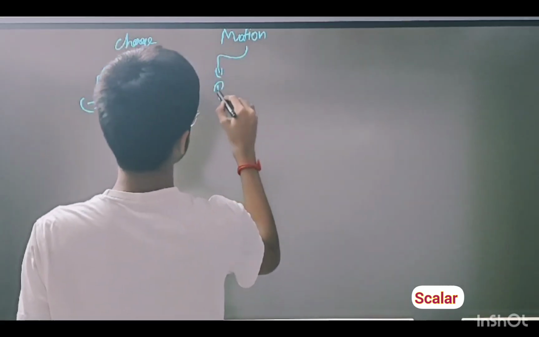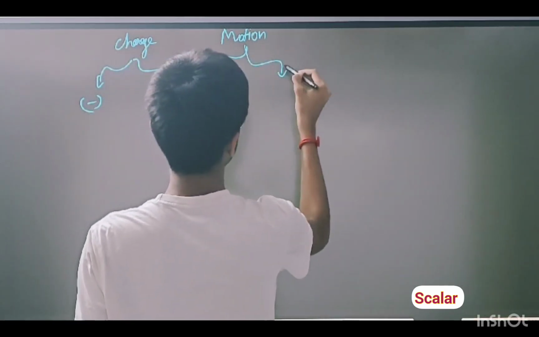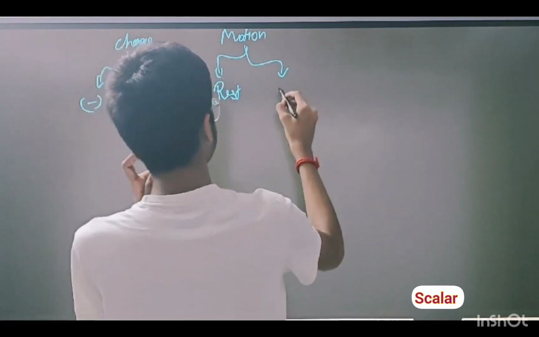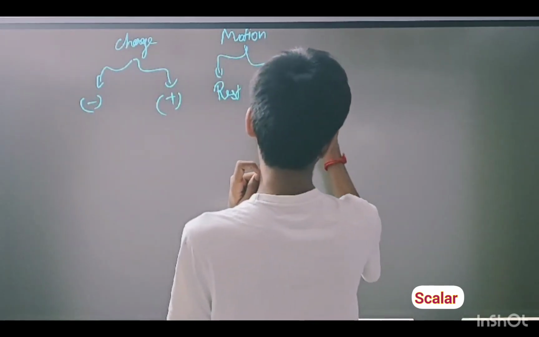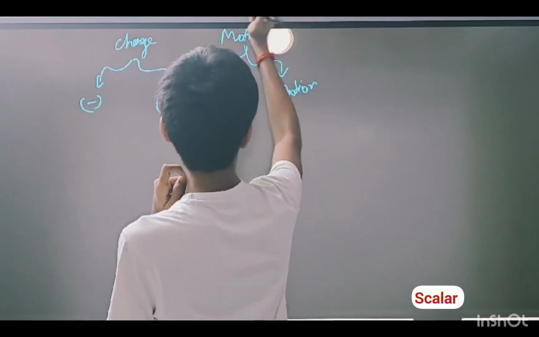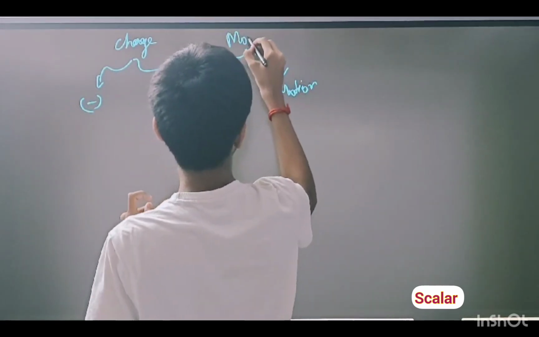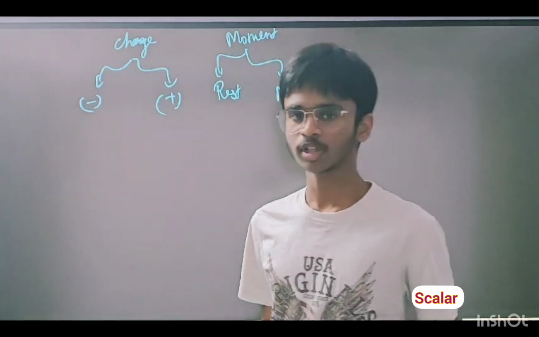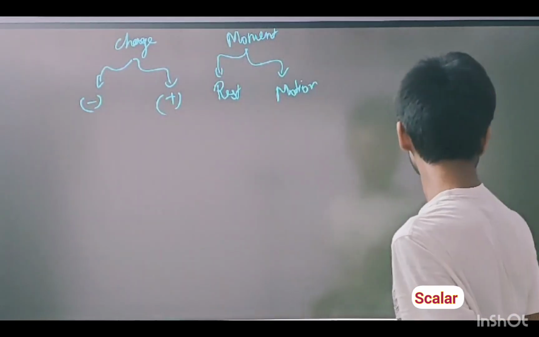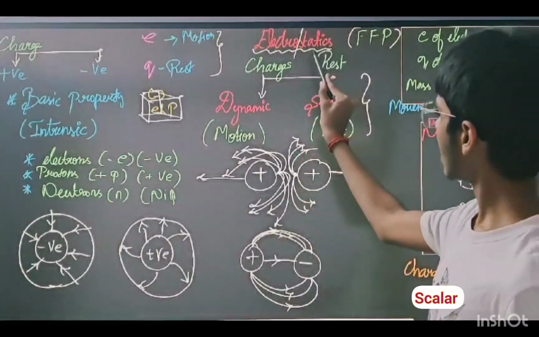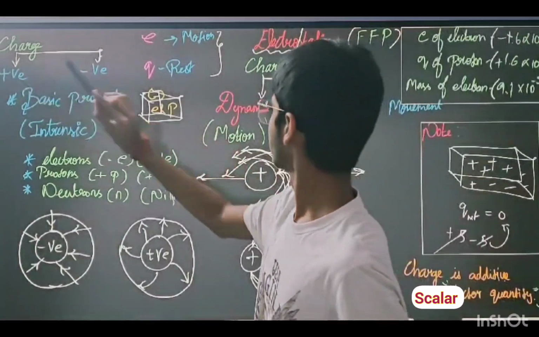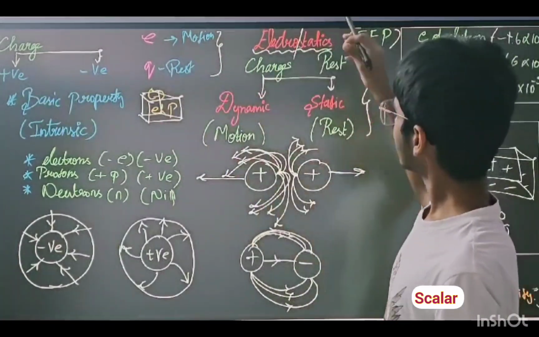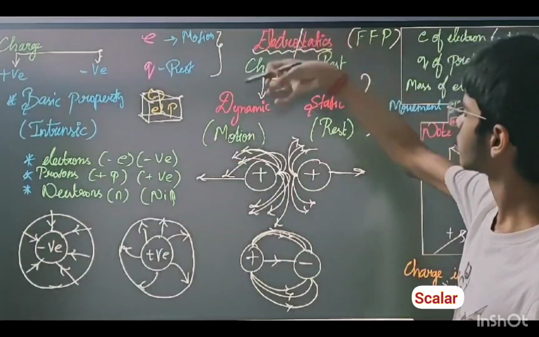Motion is actually rest, and then motion. I can write here movement instead of motion. Okay, so movement is also of 2 different types. That is what I have written here. Charge is of 2 different types, and then the charge movement is also of 2 different types.